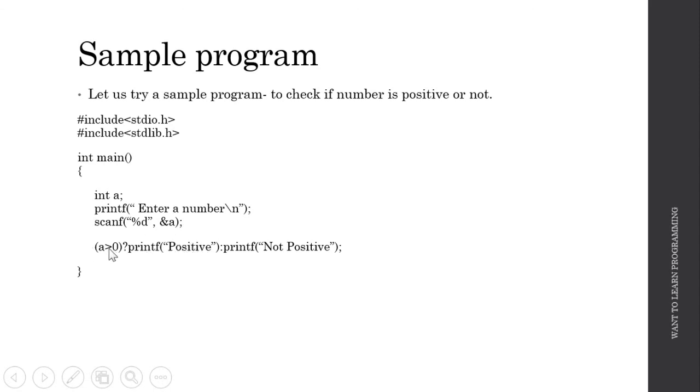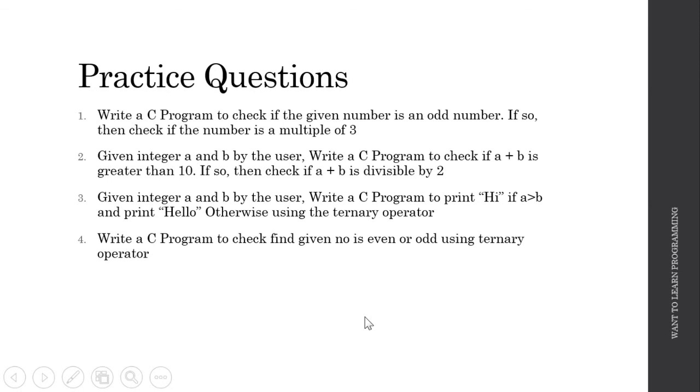If a greater than 0 is false, then it will go to the C block, that is printf not positive. So this is A question mark B colon C. That is, if A is true, then execute the B block, otherwise go to the C block.